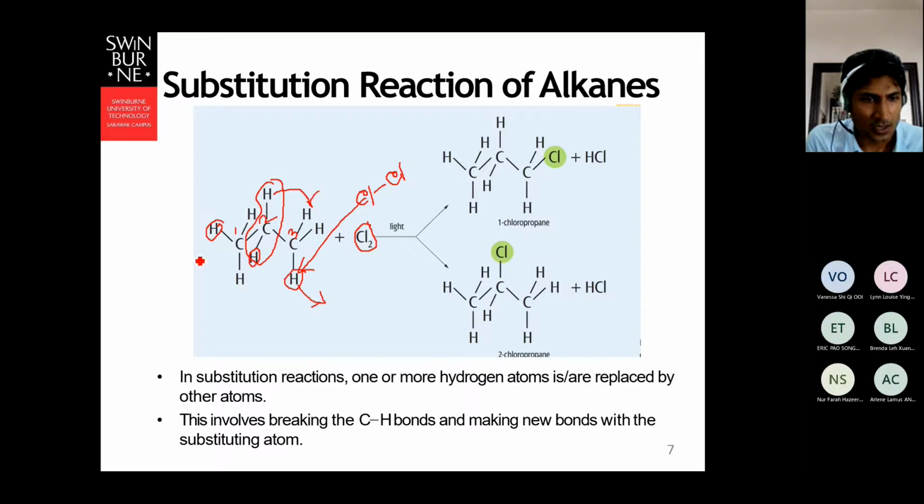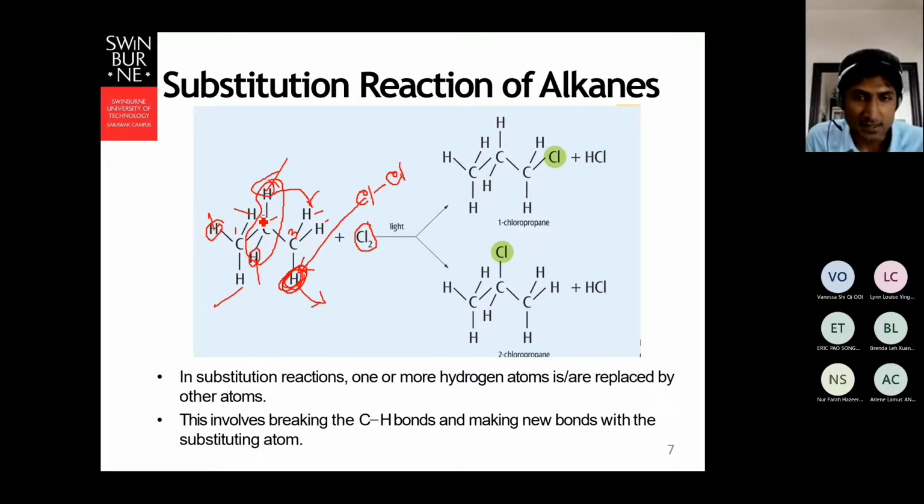So 1 chlorine will go and react with this hydrogen, which is similar to the others, all the same. It replaces it here, the same. And another chlorine will go and replace this hydrogen. This hydrogen and this hydrogen on the second carbon are the same thing, so it will replace either of them.